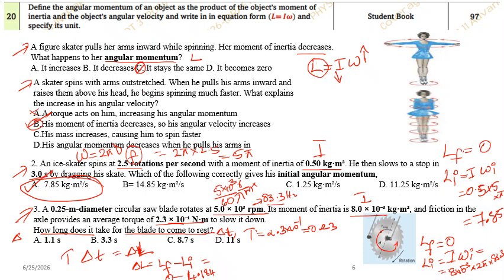Now, how do I calculate the time taken? As we rearrange, delta t will become delta L divided by torque. Delta L is what? 0 minus this value, so it will be the same, 4.184, but with a negative. No problem, you are calculating the time, so you can just ignore it, or you take the torque as negative.